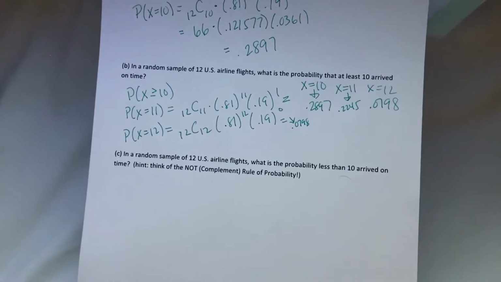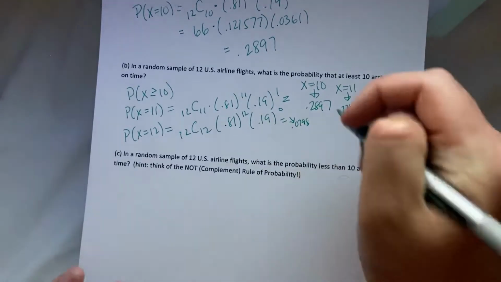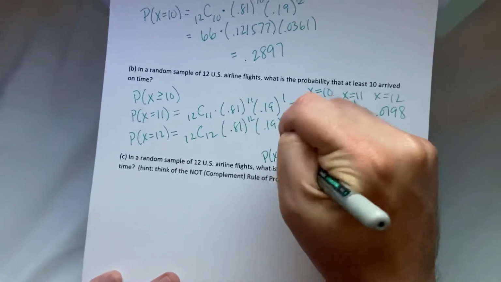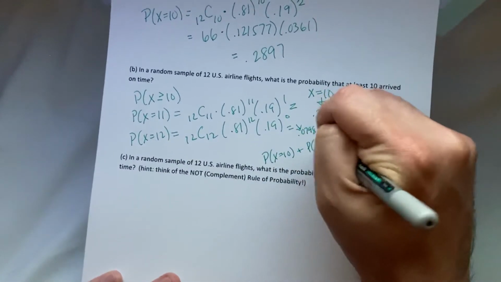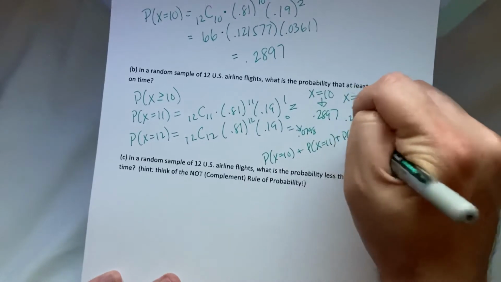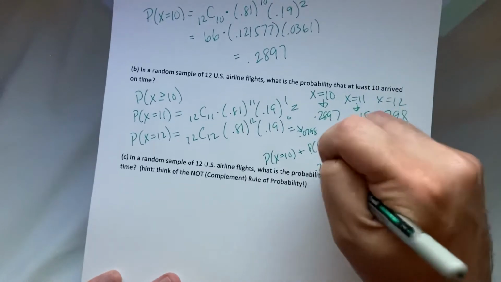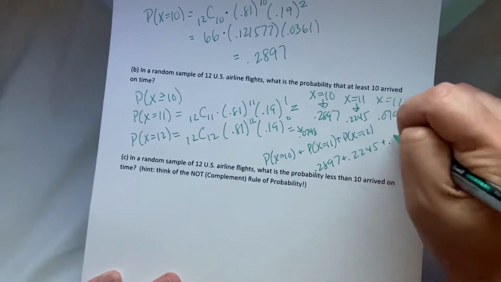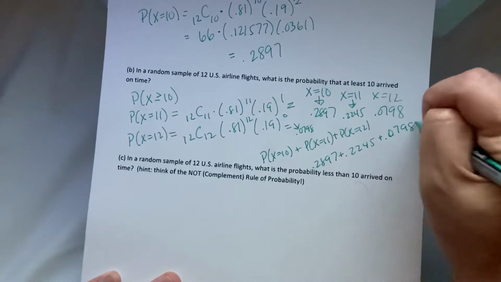If I want the probability of at least 10 arriving, I need to add them all together. So I need the probability that x equals 10, plus the probability that x equals 11, plus the probability that x equals 12. So 0.2897 plus 0.2245 plus 0.0798.